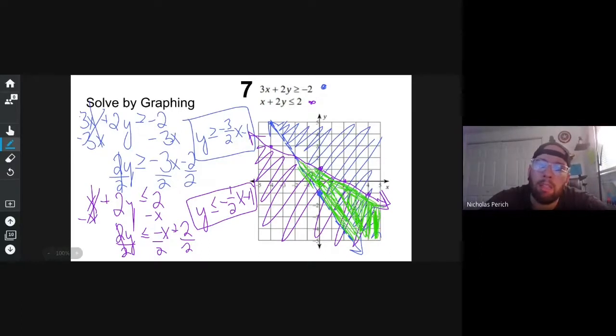What this means is any dot that I were to plug into the equations that's in this green region is a possible answer. And R for region.